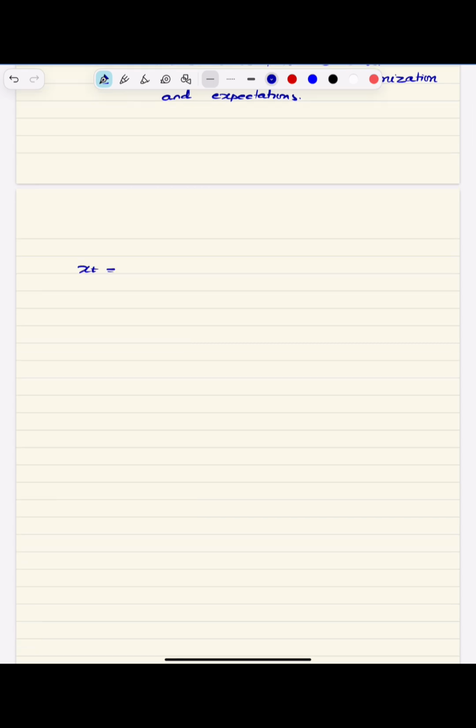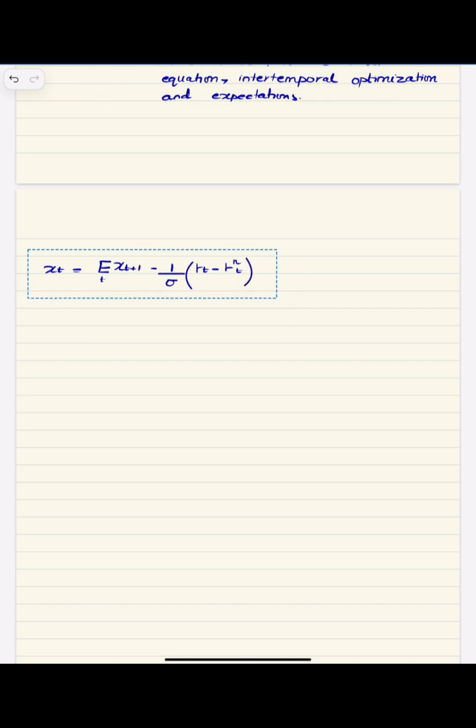So xt, which is the deviation from the natural level, is equal to the expected future output deviation, minus 1 over delta times (Rt minus Rnt). There are other forms of the IS curve in the new Keynesian model.